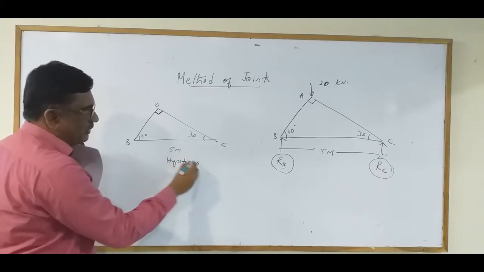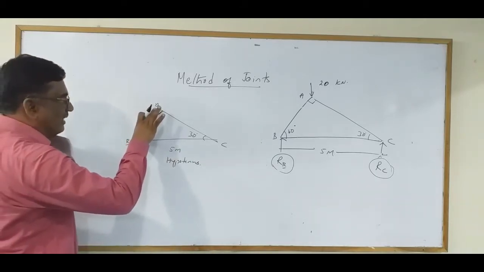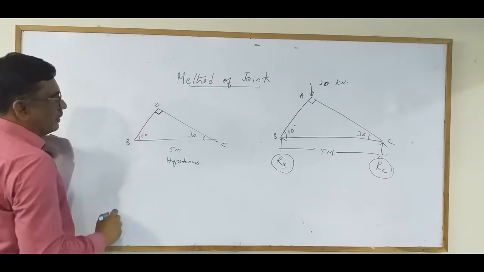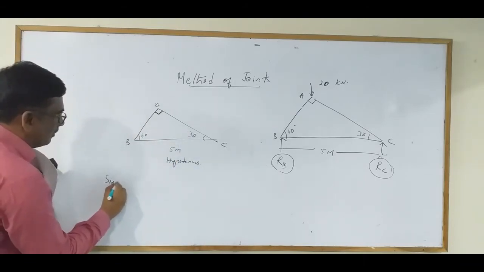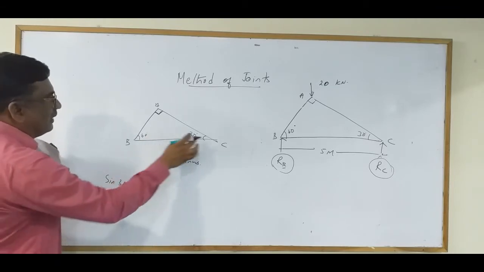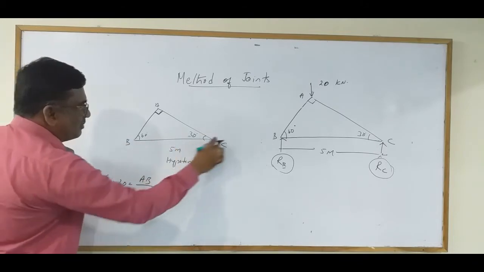5 meter is the hypotenuse. Now we want to know the length of this member AB. So find out sine 30. What is sine 30? It is AB by the hypotenuse BC.